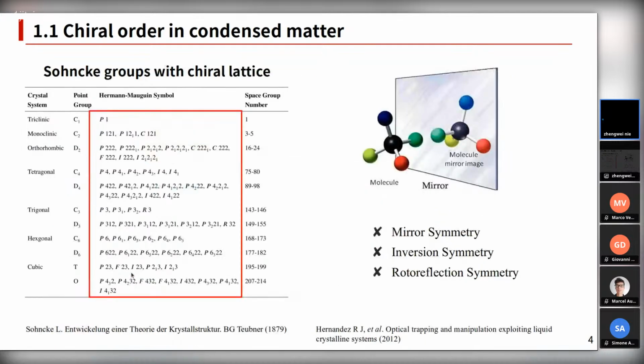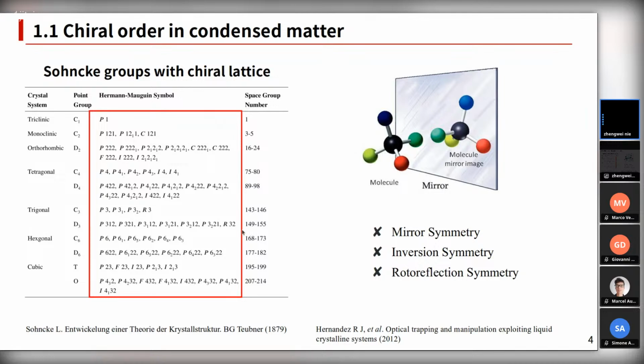Chirality is defined when it lacks both these symmetries. And there is a chiral space group, and it is defined by a mathematical formula. Yes, it has some mathematics. Yes.